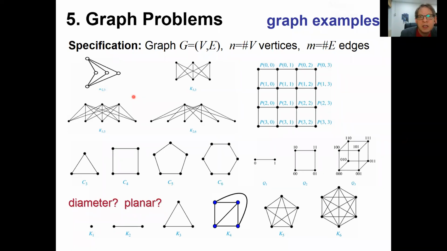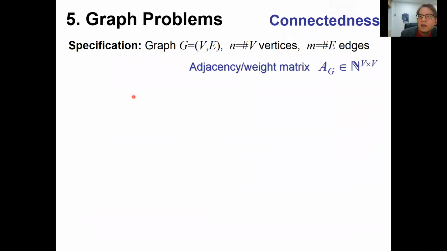And now we proceed to discuss some graph problems and algorithms for these graph problems. So we may have previously mentioned that before, but let me recall and recap the important parts of these problems.